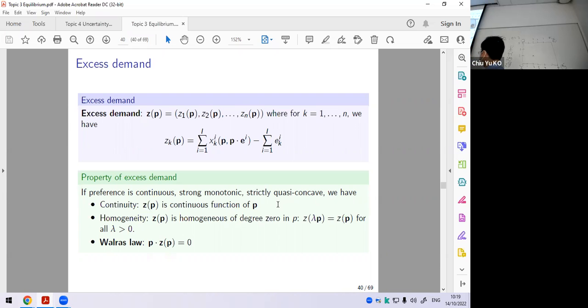You multiply and get 0, so when Z is negative, the price must be 0. That means when there is no excess demand, Z is less than 0, meaning you have more endowment than people demand, so the price must be 0.